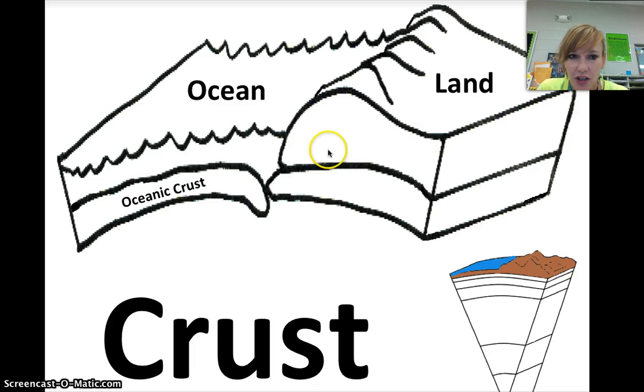So you have two types of crust. You have oceanic crust and you have continental crust. And I would go ahead and label that on your foldable. Mine's in pencil, so it's hard to see. But I labeled oceanic crust and continental crust because they're different in the fact that they are made of different rocks and minerals, and they are different thicknesses.